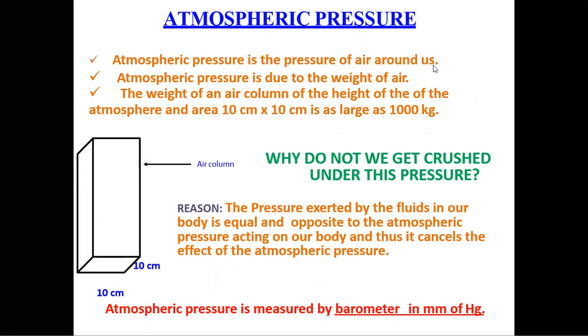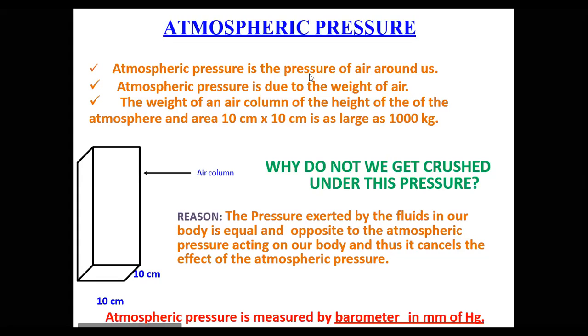Atmosphere means the layer of the air around the earth is called atmosphere, and the pressure exerted by the atmosphere, by the air, to the ground of this earth is called atmospheric pressure.